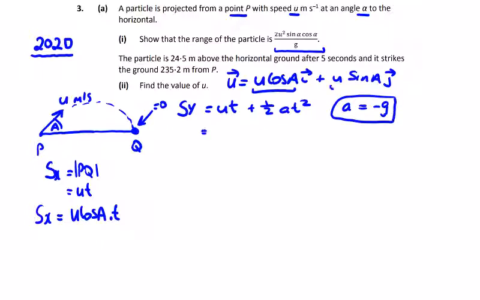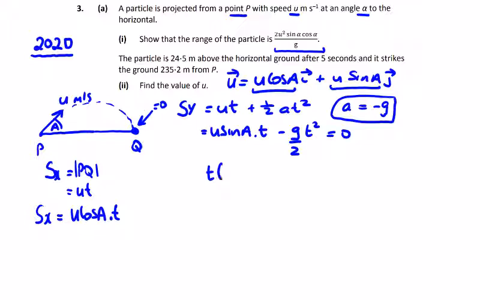So we have u sine alpha for my initial velocity times t, minus g over 2, a half a, times t squared, and we can say that that's equal to 0 at the points Q and P.